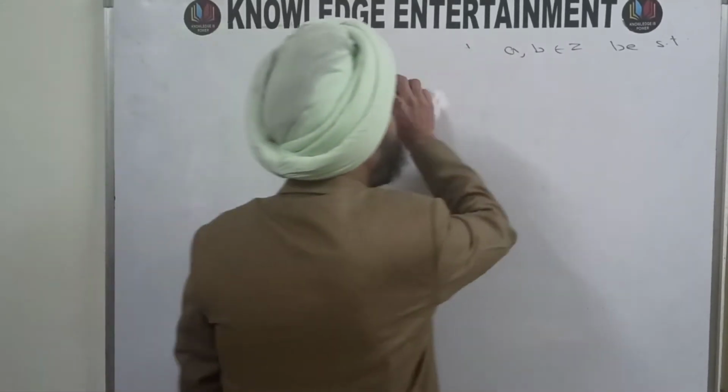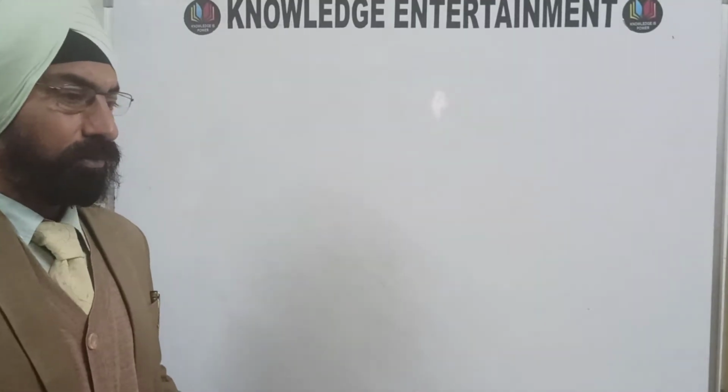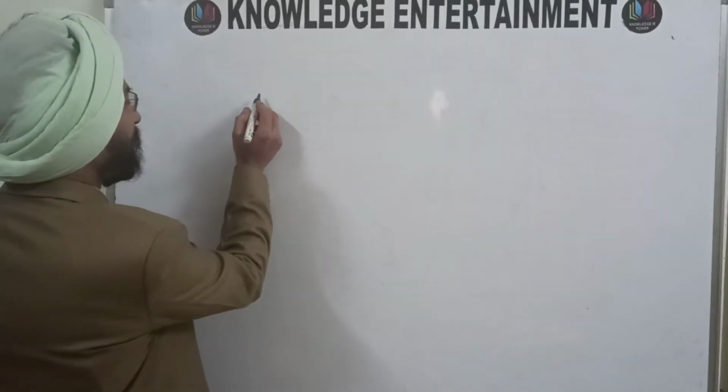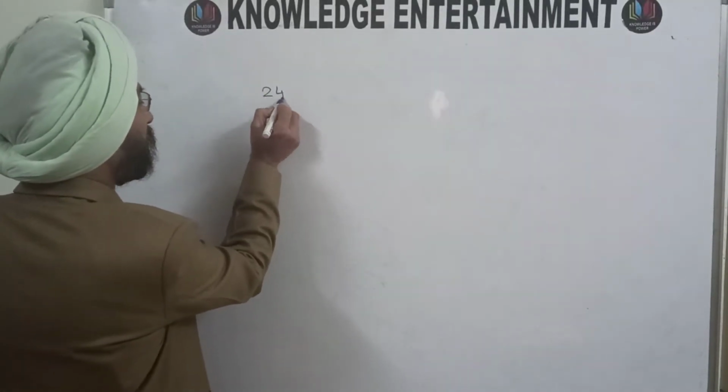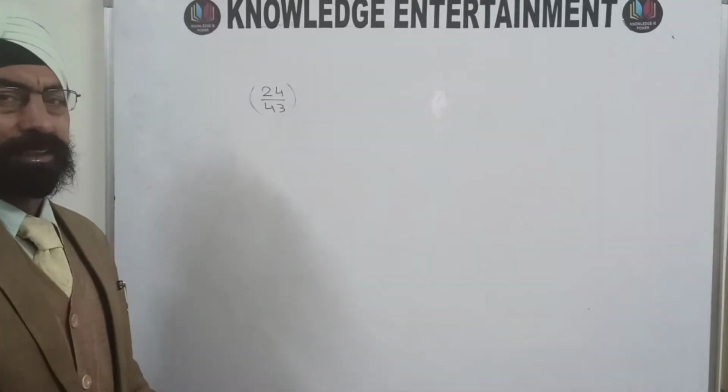So for example, if you are having a bigger number, say 43, and you want to see what the 24 over 43 Legendre symbol is.